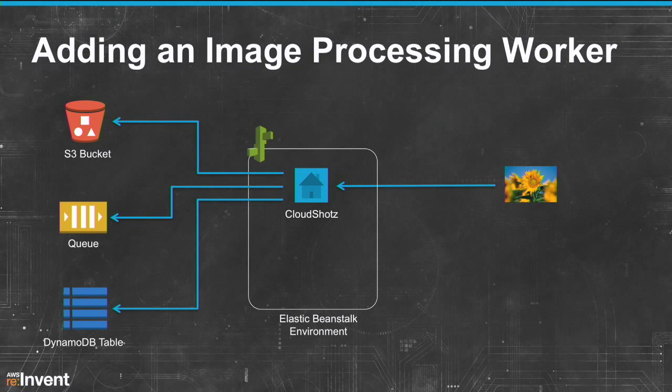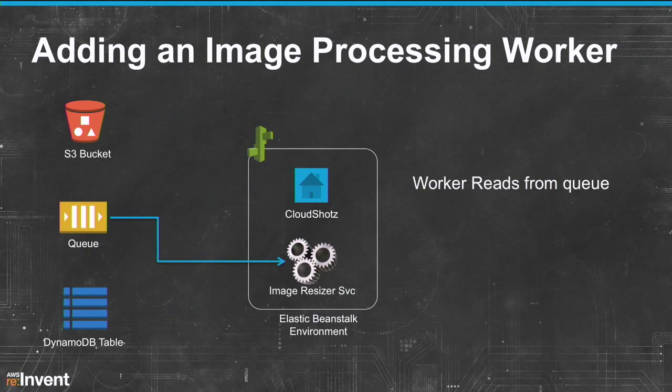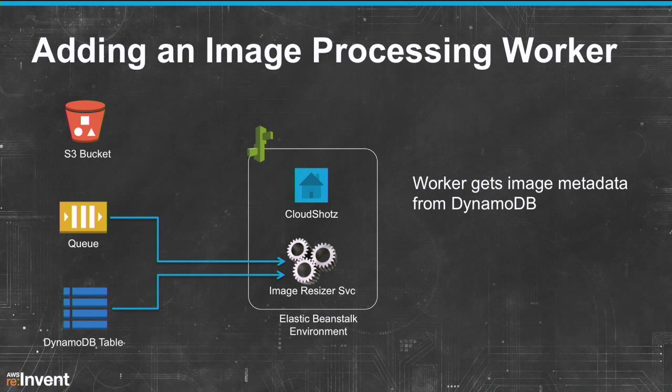Then we can create a worker process which is listening on that queue, and when it sees a message come in, it uses the key for our DynamoDB table to get the image metadata, and then it uses that to get the bucket and the key name for the full-size image.